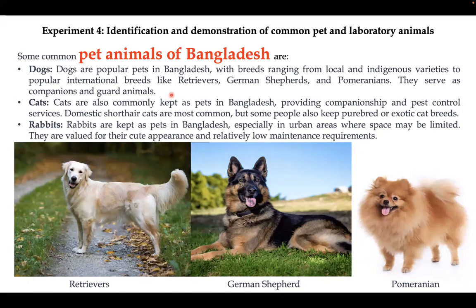People love to keep their companion animals like dogs, cats, sometimes rabbits as well. Here some breed names are written that are commonly kept and commonly seen. You can go through them.